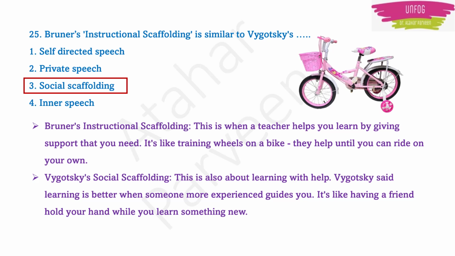So Bruner is saying that you can learn on your own with the support of some sort of wheel or something else which you need for that particular situation. Vygotsky said that a more experienced person can guide you and help you better in learning things. Okay, so that's why scaffolding is actually supporting only, right? That's why we can say that both are similar supports, told by Bruner and Vygotsky. Okay, clear, right?